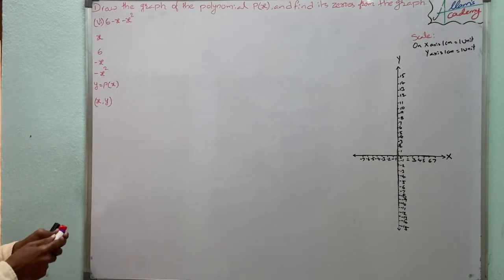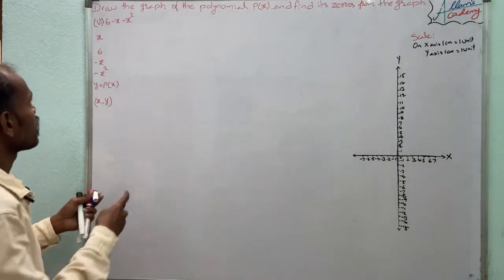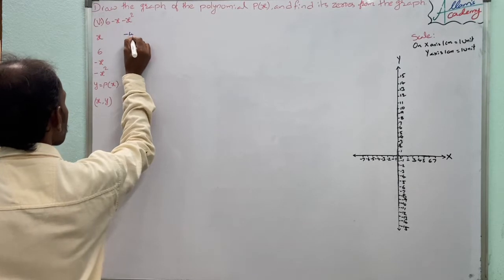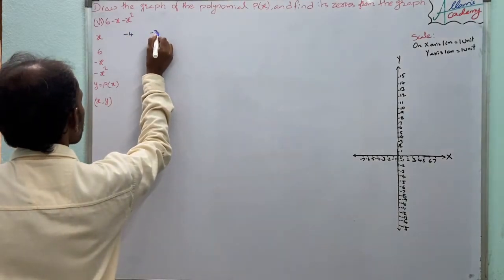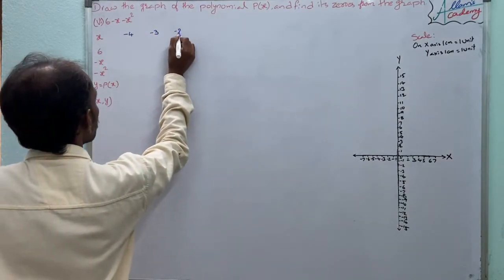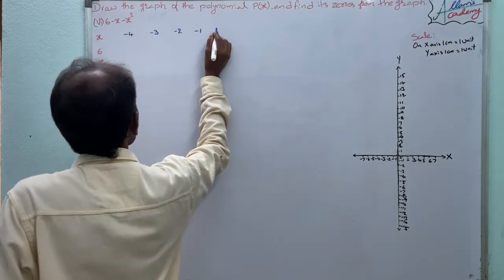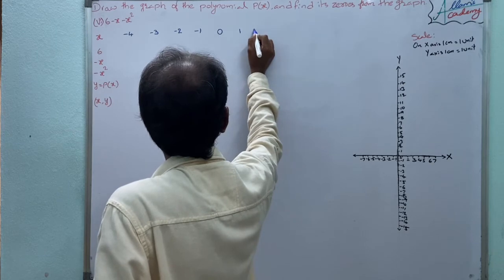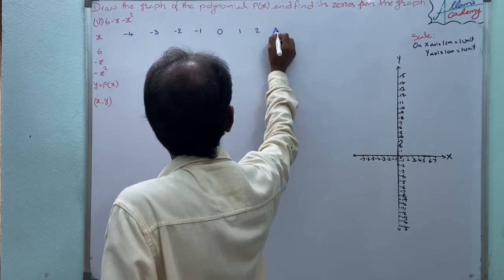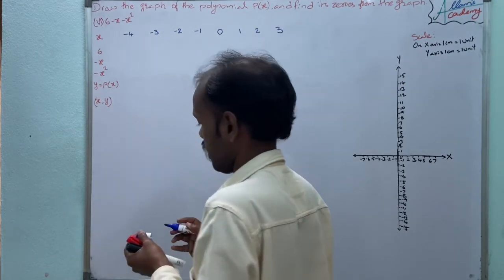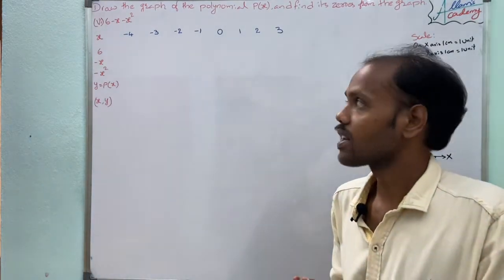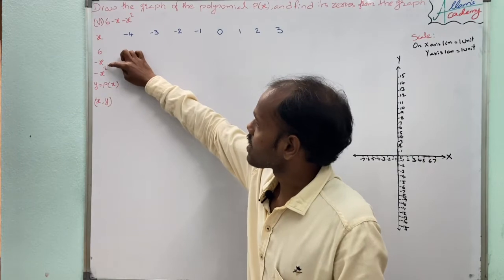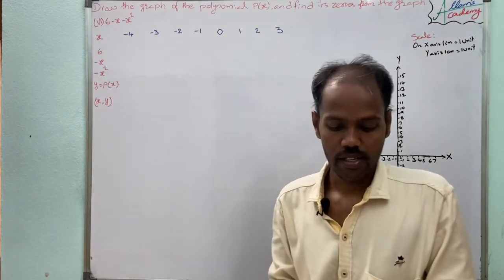The x values I am taking are minus 4, minus 3, minus 2, minus 1, 0, 1, 2, 3. Now we find their corresponding values of the given 6 minus x minus x square.